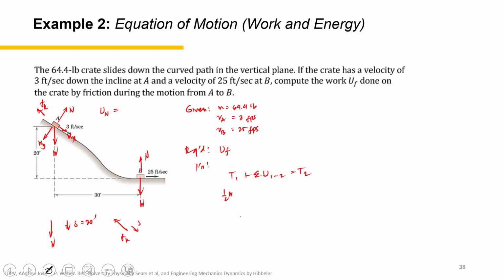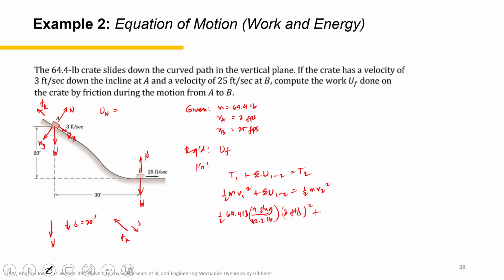That would be 1/2 m v1 squared and 1/2 m v2 squared. So this would be mass, which is 64.4 pound. Let's convert it to slug. 32.2 pound per 1 slug. The initial velocity at point A is 3 feet per second squared.